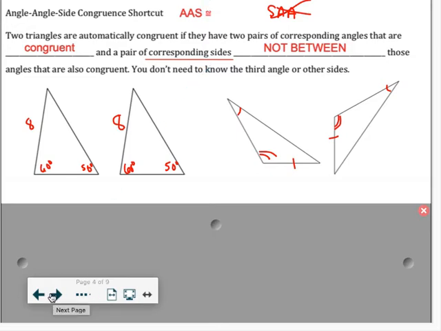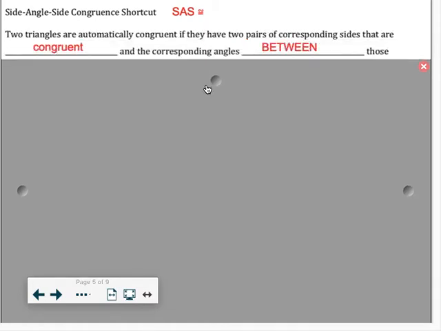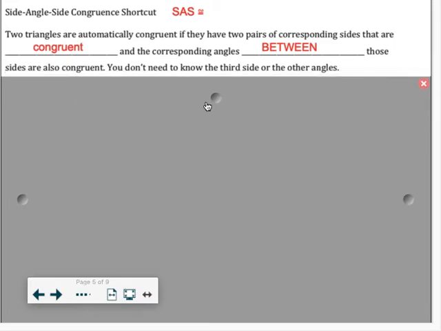Our next shortcut is side, angle, side. The formal definition is two triangles are automatically congruent if two pairs of corresponding sides are congruent and the corresponding angles between them are congruent. So we have two pairs of sides and an angle between them.